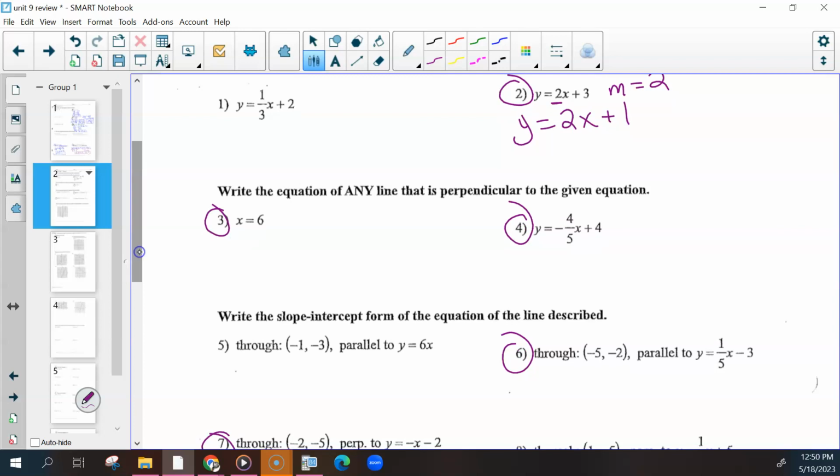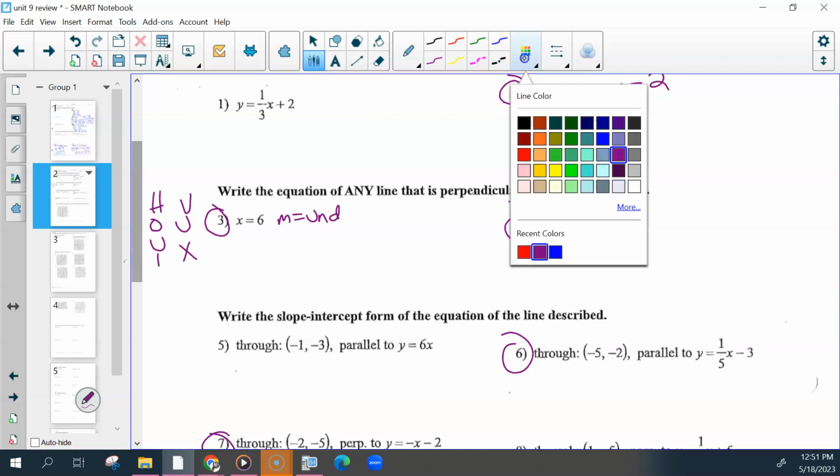Questions on that? 3, because it's an x equals, you have to remember your Hoybucks. This would have what type of slope? It's a vertical line, but what type of slope? Undefined. But in order for it to be perpendicular, it needs to be the opposite.